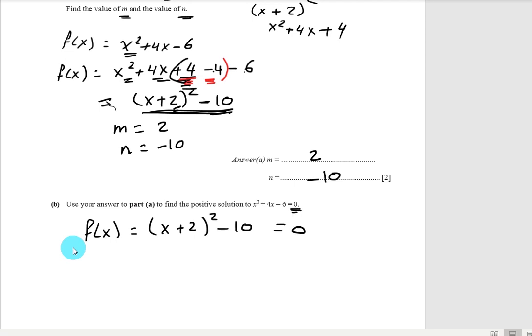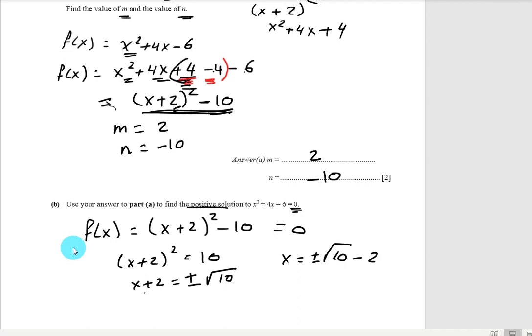So it means that x plus 2 squared is equal to 10. So take the square root of both sides: x plus 2 is equal to plus or minus square root of 10. So x is equal to plus or minus square root of 10 minus 2.